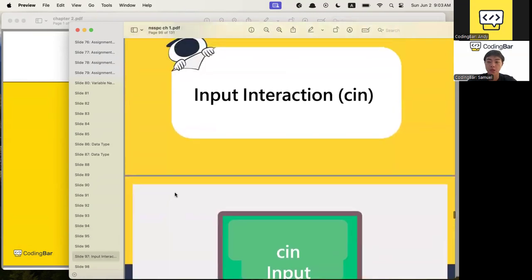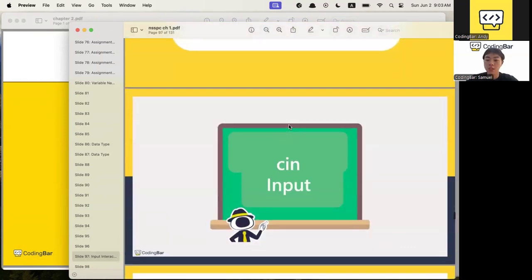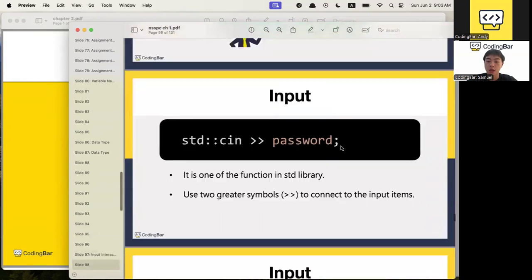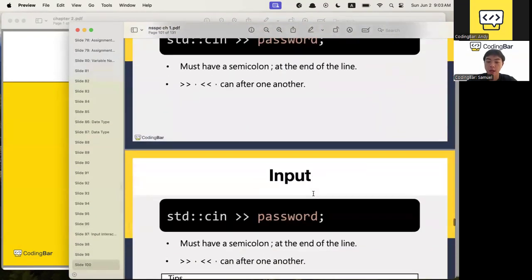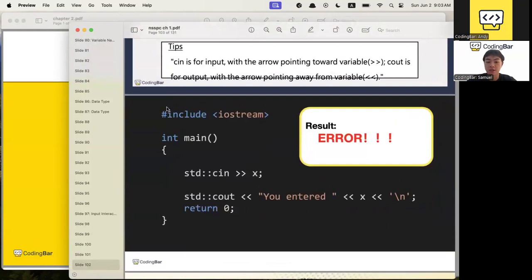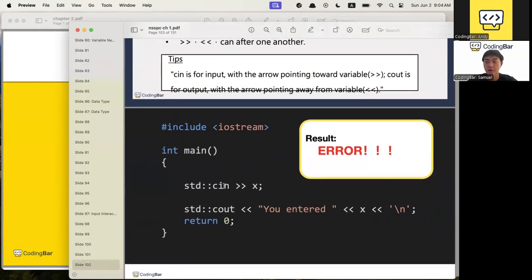And also we talked about cin. Cin is for input interaction. Cin is something like a function written by someone else. For example, this function is stored inside the iostream library, and we just import it and use it, and now we can interact with the physical world.